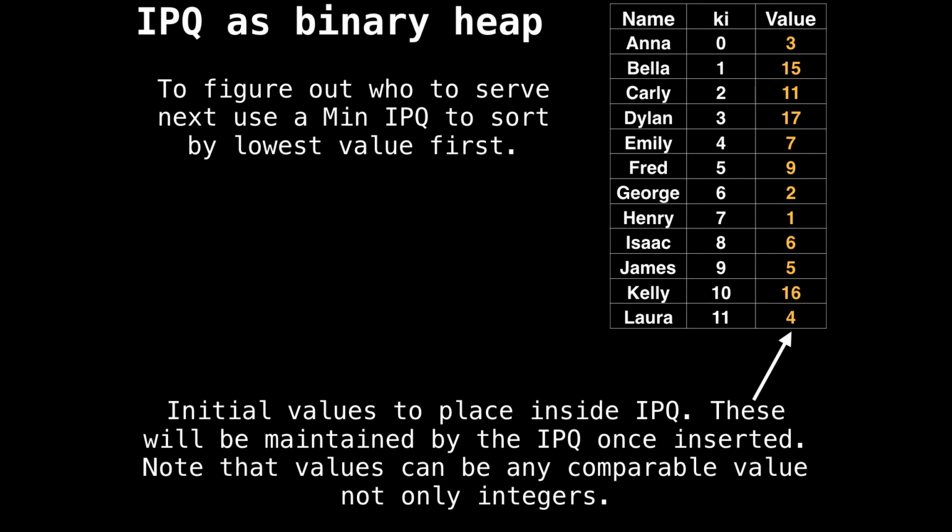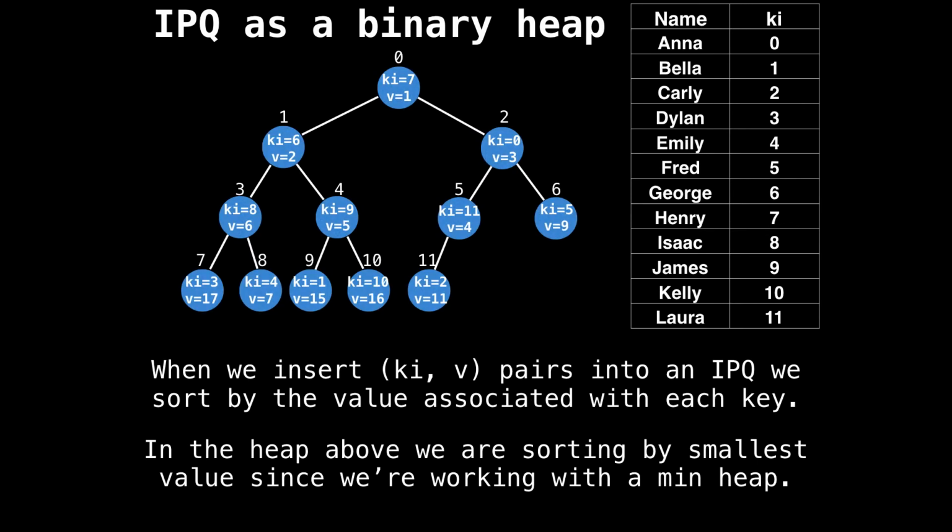Note that the values can be any comparable value you want, not only integers as shown here. This means we can have strings, objects, or whatever type of data we want. If I was to build a min-indexed priority queue out of the key value pairs I had on the last slide, this is the heap I would get. Remember that unlike the previous example, we're sorting by smallest value first, since we're dealing with a min heap.